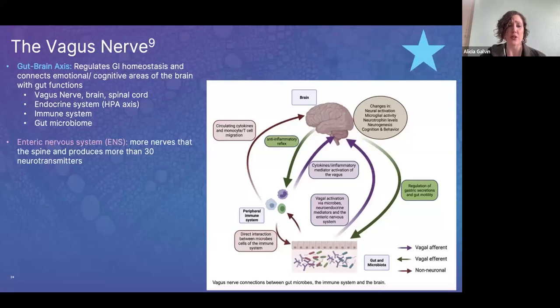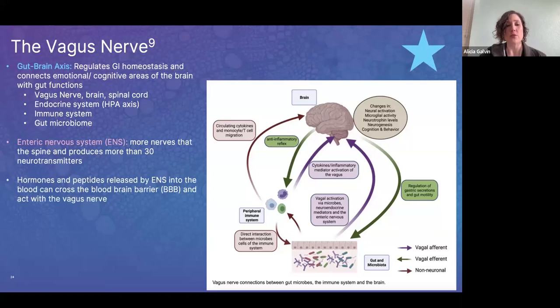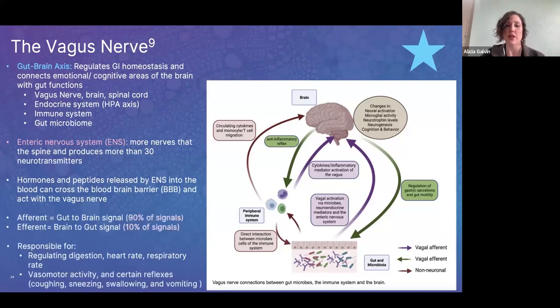And if we think about the enteric nervous system, what's fascinating is that it actually has more nerves than the spine, and it produces more than 30 neurotransmitters. So we have quite the nervous system within our GI tract. A lot of the hormones and peptides that our enteric nervous system releases can cross the blood-brain barrier, and it can interact with the vagus nerve.